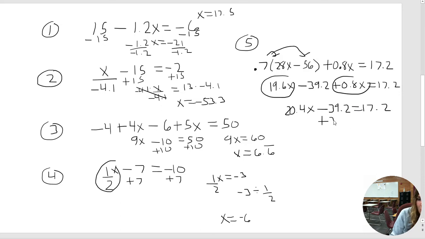And so then you are going to add 39.2 to both sides. So 20.4x equals, when you take 17.2 and add it to 39.2, you get 56.4.